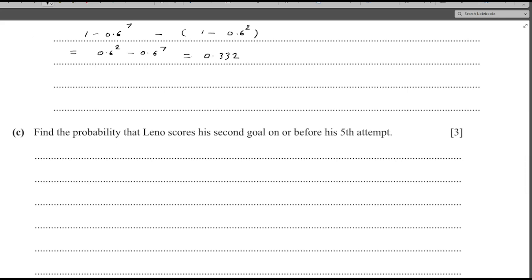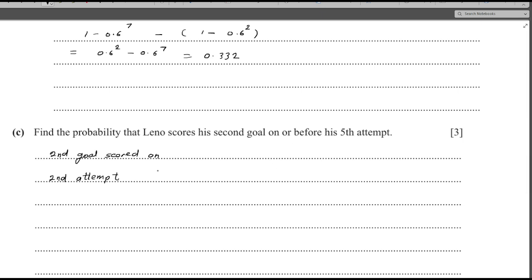So here I will say that the second goal is scored on your second attempt.